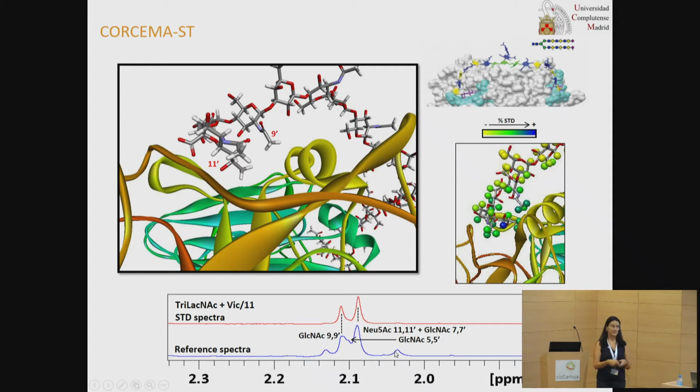This is not an X-ray structure, but at least now we can validate that the model fits some experimental data, and we think that perhaps it is the case, as is postulated, that these long chains can interact with a huge surface in the hemagglutinin.